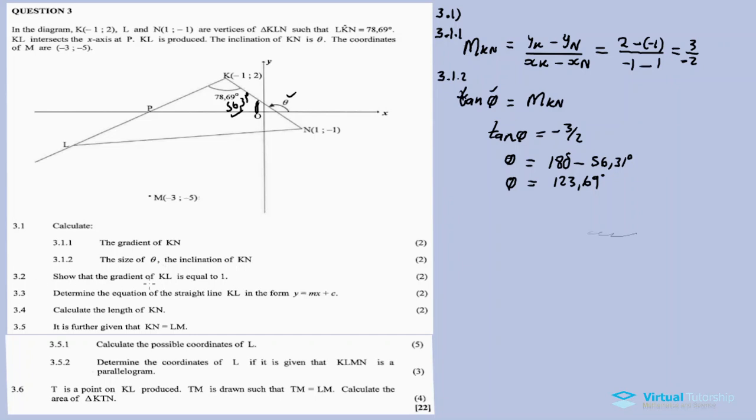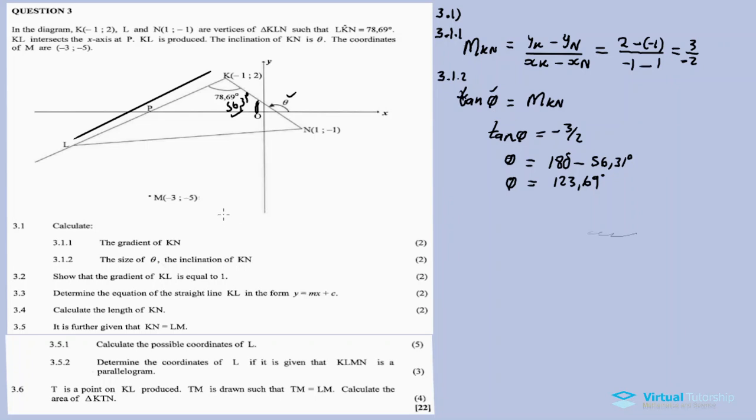3.2: show that the gradient of KL is equal to 1. The gradient of KL, where's KL? It's this line.